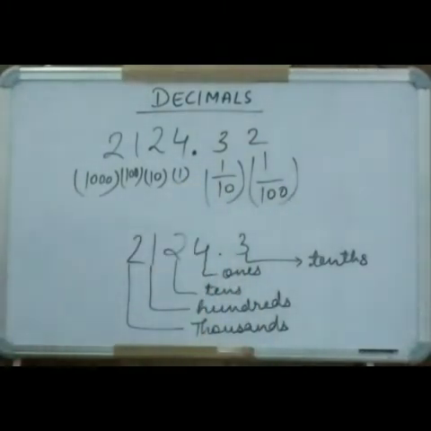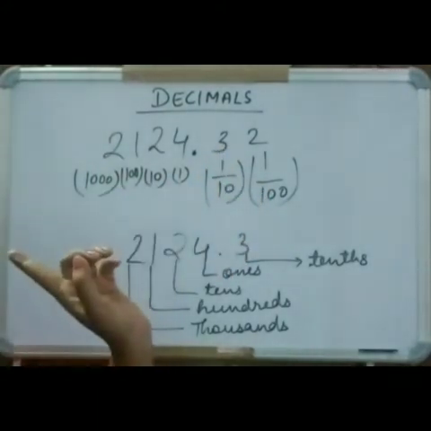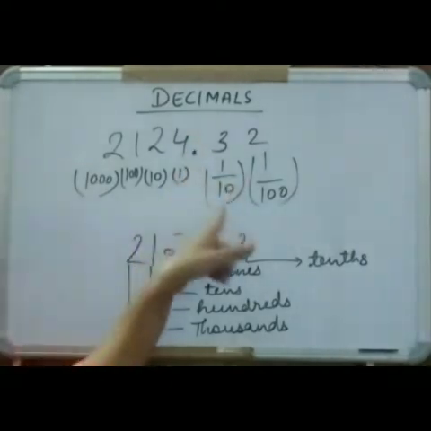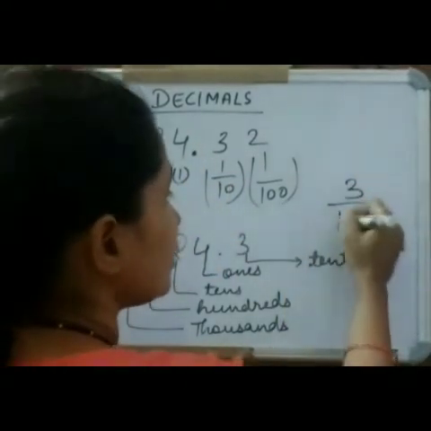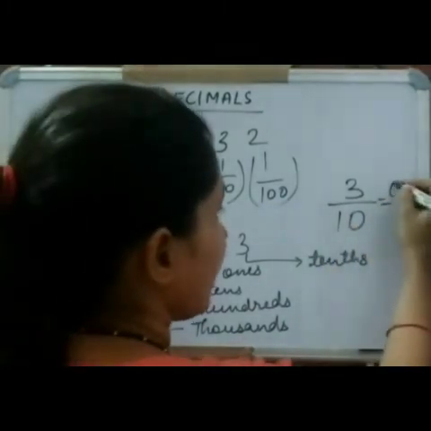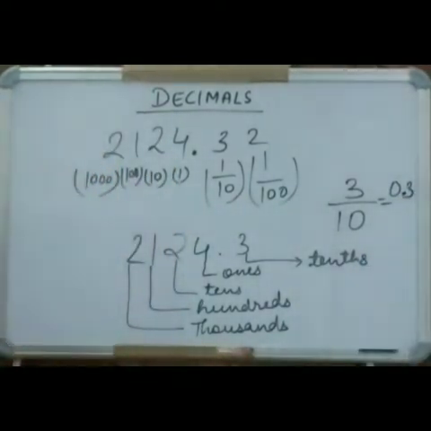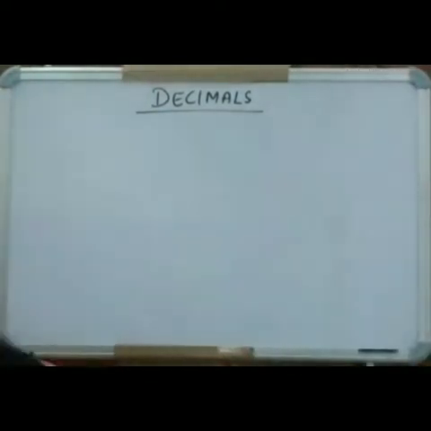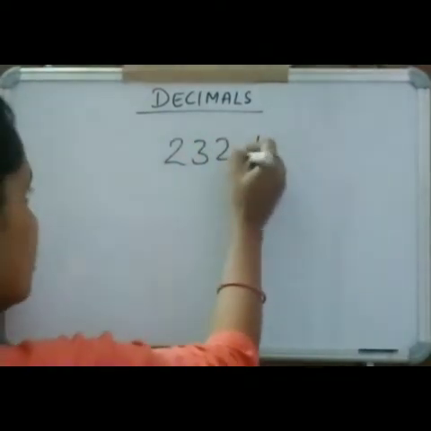So this 3 will be at the tenths place, which means we write it as 3 upon 10. Getting it? If we write it, it will be 0.3.